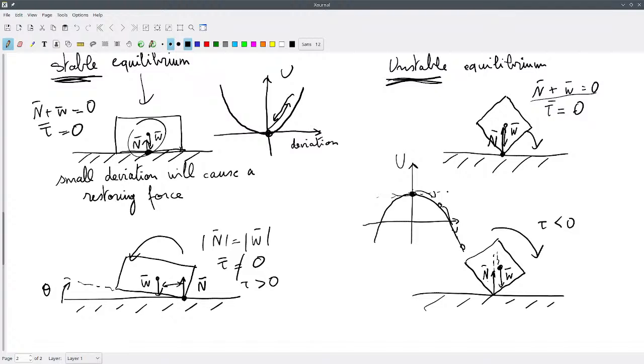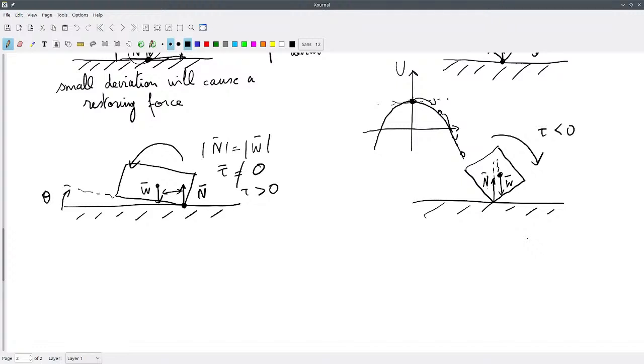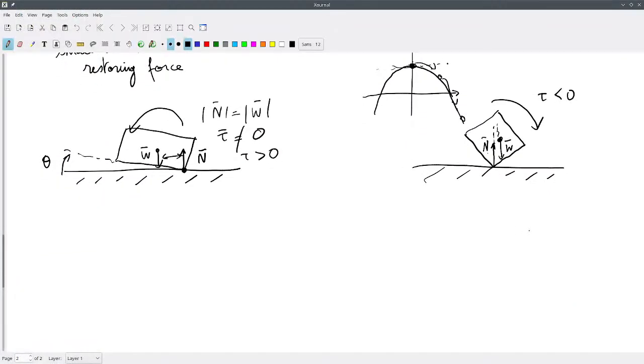So now we can look at when we reach the limits of stability on any equilibrium. If we go back to our drawing of the truck, I'm going to take this drawing on the right and reproduce it on the whiteboard. So if we have the two tires, one tire here, another tire here, this is where the normal force will apply.